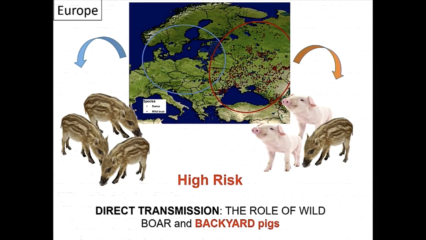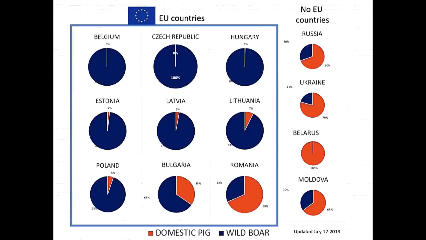So the summary of the situation is that we have a big part of Europe already infected. On the European Union side, it's mainly due to the wild boar, except these 2 countries, and in the other part of Europe, it's a mix of both. Why that situation? Because there are so many backyard farms in this area. The 2 European countries I mentioned, Bulgaria and Romania, are more similar to the pattern that we see in the other part of Europe.